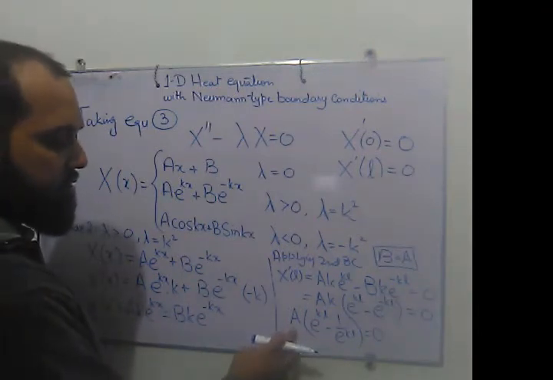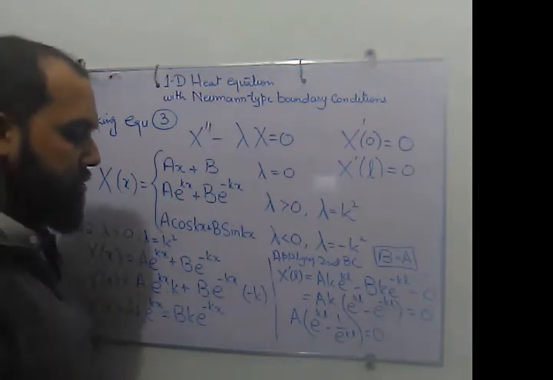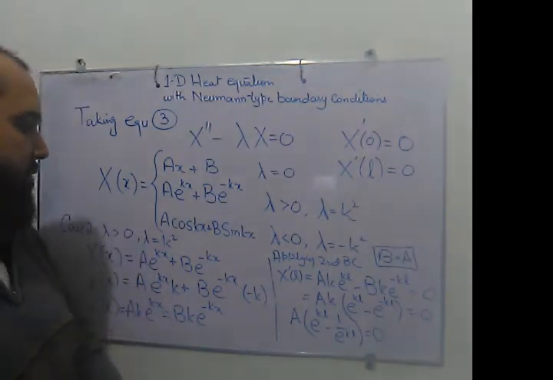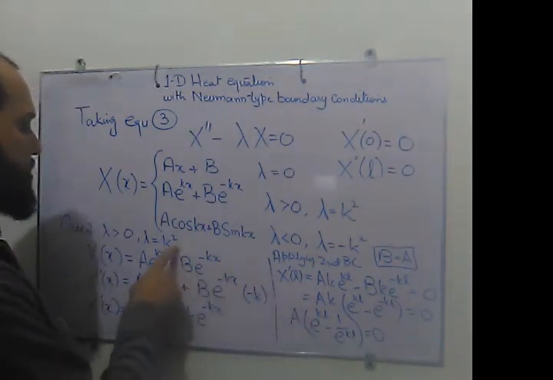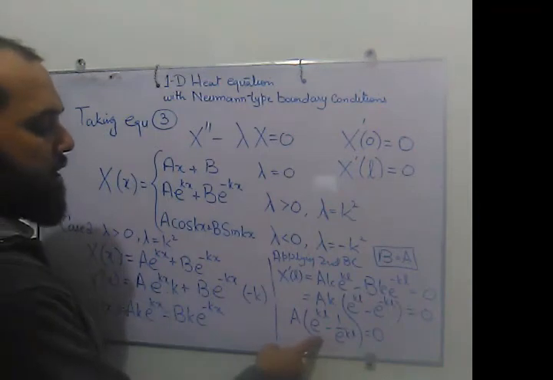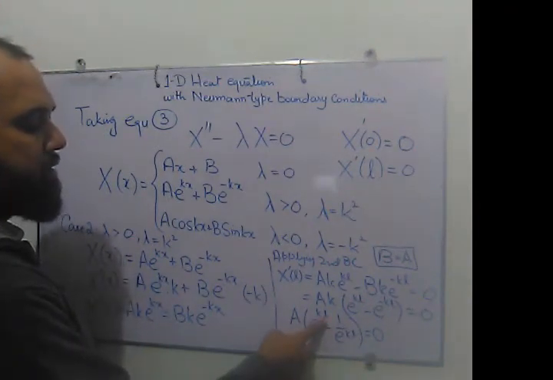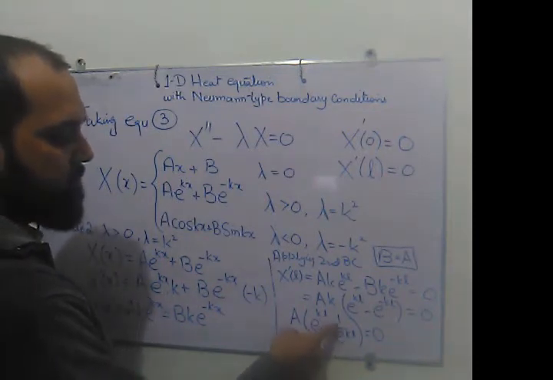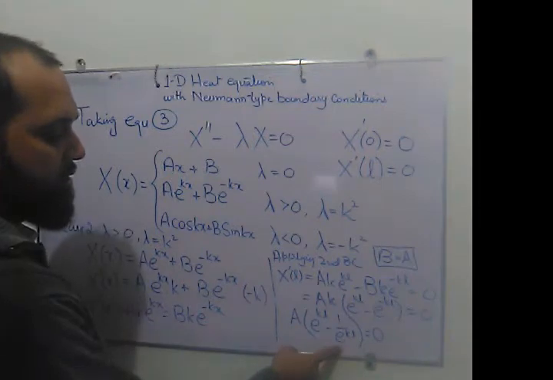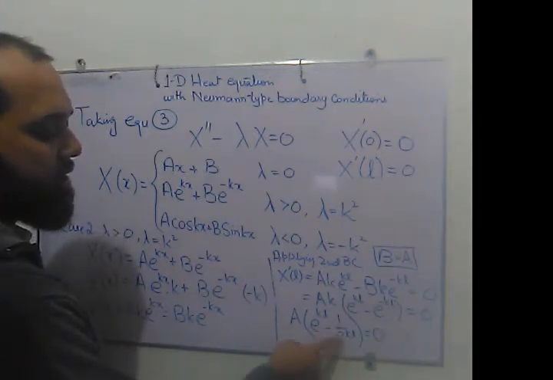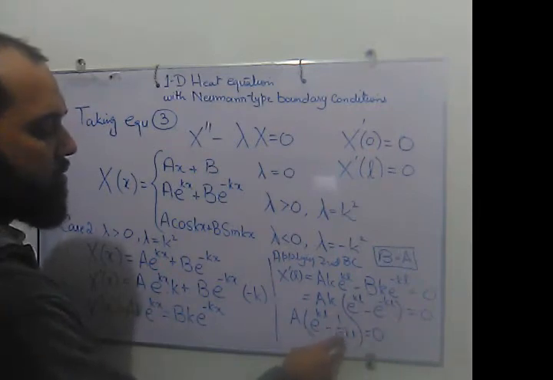Either a is equal to 0 or the bracket term would be 0. By the argument that we have chosen k as positive and L is the length of the rod, therefore it is non-negative, and here we have the same term in the fraction in the denominator, so 1 upon anything here in fraction form will be less than this positive term.